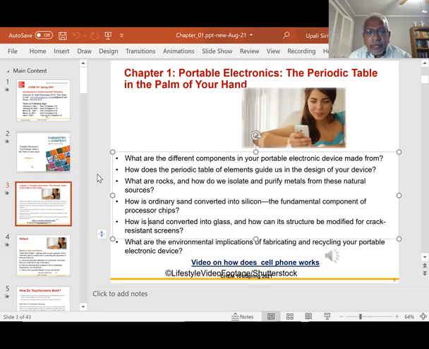What are rocks, and how do we isolate and purify metals from natural sources? To produce the different compounds present in a cell phone, we have to extract metals from natural sources like rocks and minerals. Then we're going to learn how we do that in this chapter.